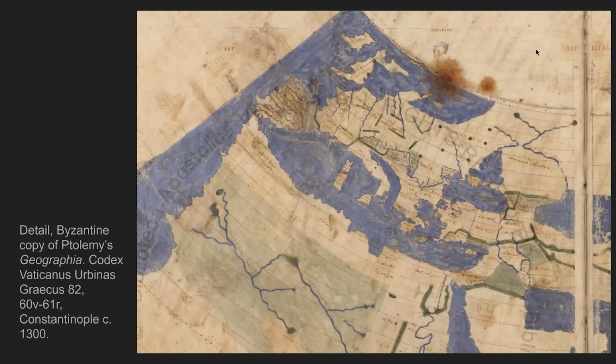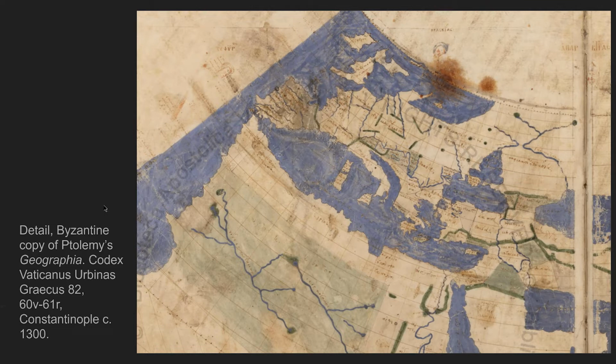But we move that to something like this, where we start to recognize a map that we would probably see today, but we still see some differences in the way we're thinking about presentation. We have a projection here where we see some expanding lines and curvature.